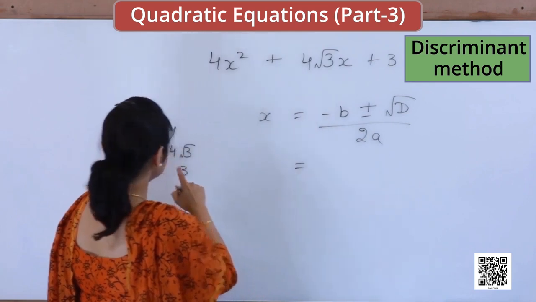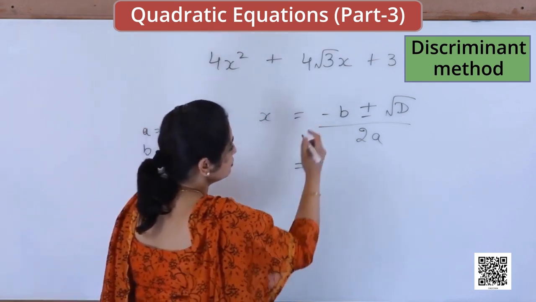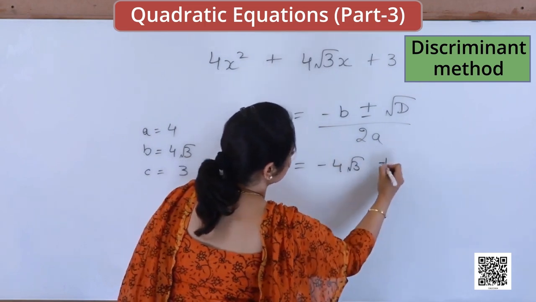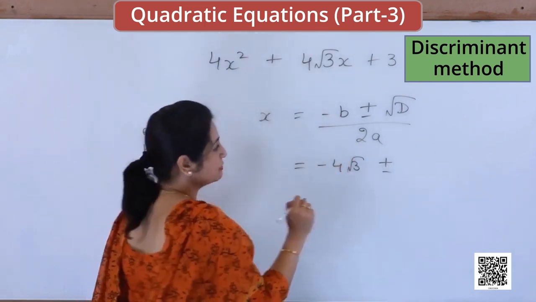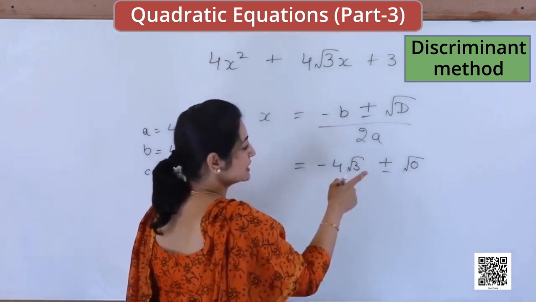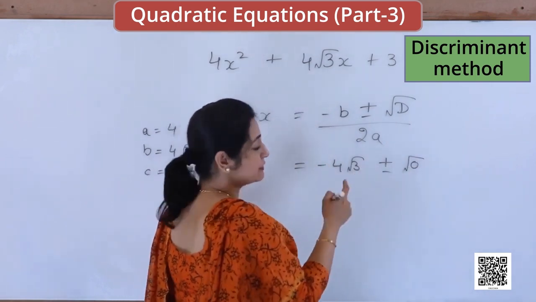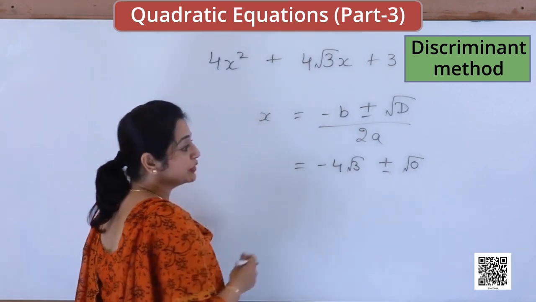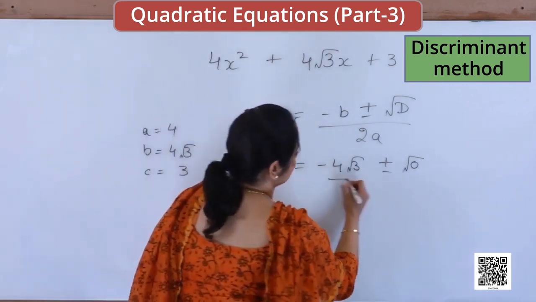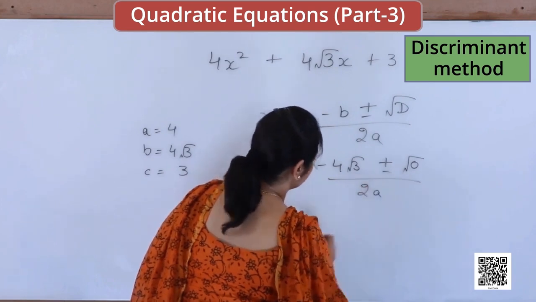Now b here is 4 under root 3. So minus b will be minus 4 under root 3 plus minus under root d. Discriminant was 0, so under root of 0. Now once we will take it as positive and next time we will take it as negative. But it will not affect because 0 is gonna be 0 only. And upon that we will have 2a.